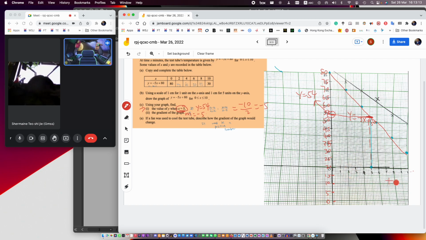So this is the time. After 1 minute, 2 minutes, 3 minutes, 4 minutes, then this is the temperature. What is the observation here? The observation is when you put the test tube on the table, the temperature will drop because it cools down, right?